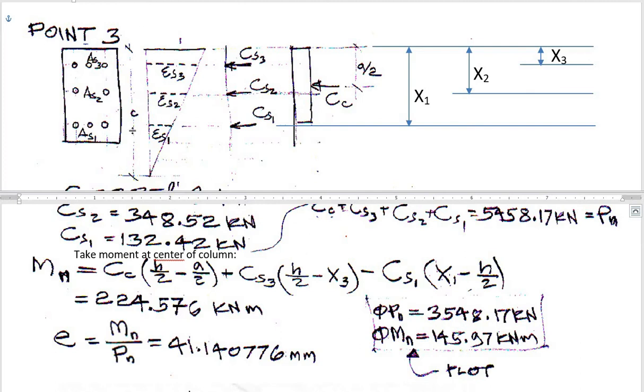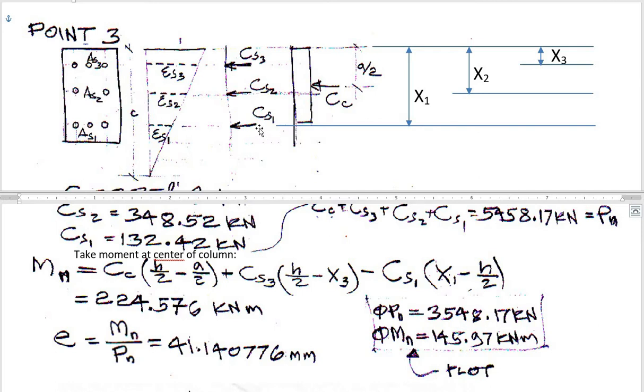counterclockwise direction. So positive muna ang ginamit natin dyan. Positive, and this is also positive. The lever arm of Cs3 now would be h over 2 minus x3. And then Cs2, wala kasi it passes through the center of your column.